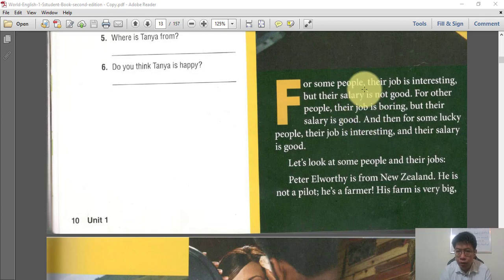Interesting, salary, it's pretty simple words. There's no word that is difficult at all. Elworthy, Peter Elworthy is the name, and New Zealand is the country. Pilot, okay.